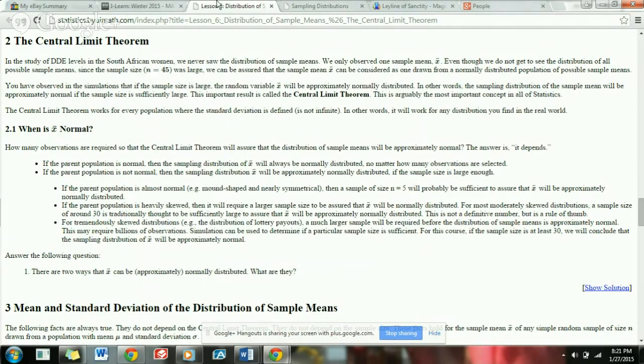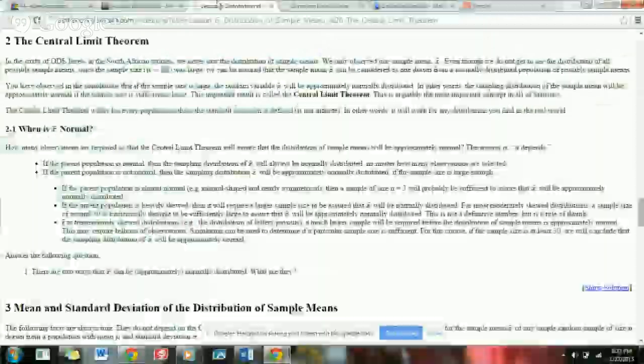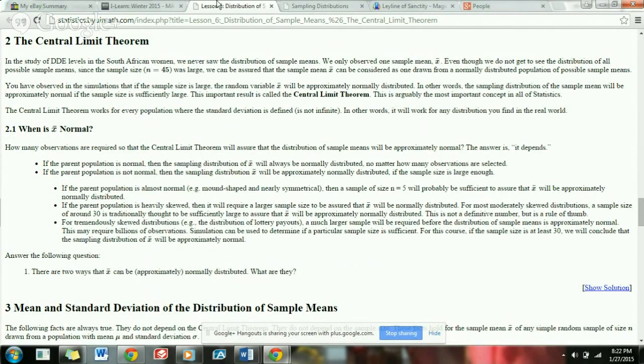Sure. Okay, so the X bar normally distributed. When is X bar normally distributed? What's X bar? Let's see if I understand it.